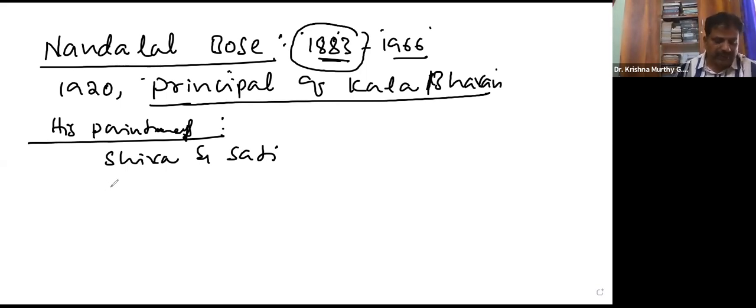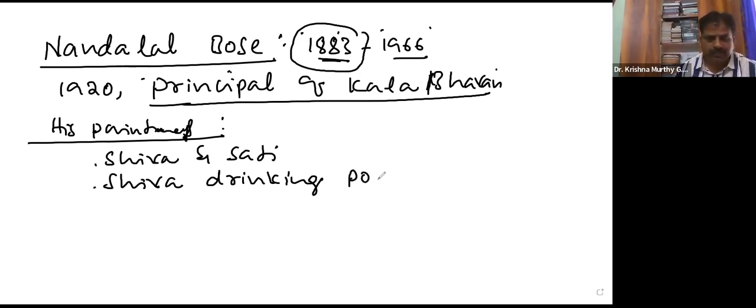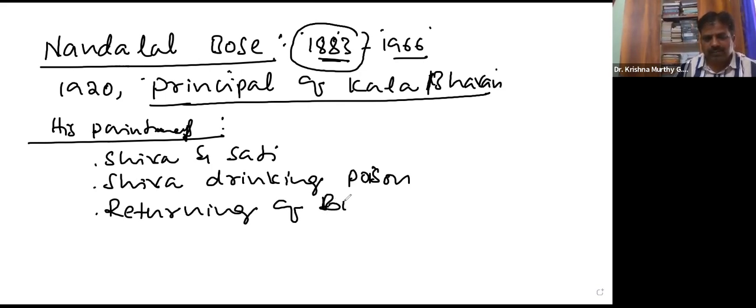Next one, Shiva drinking poison. Shiva drinking the poison. Next, another one, Returning of Buddha from the enlightenment.